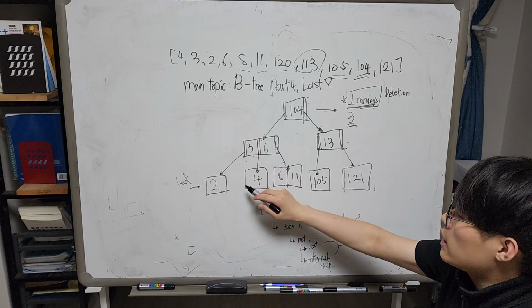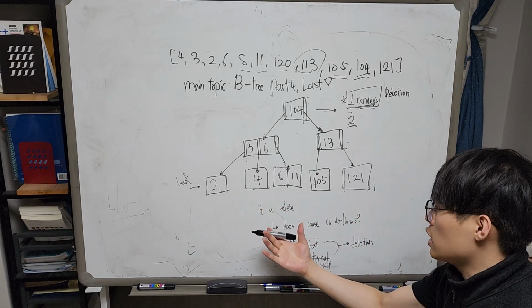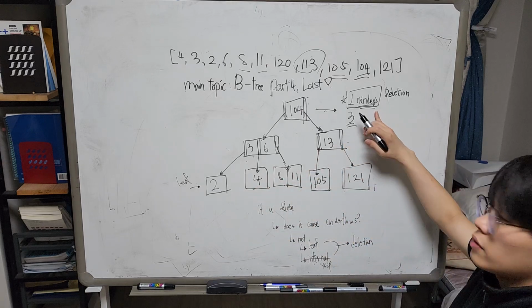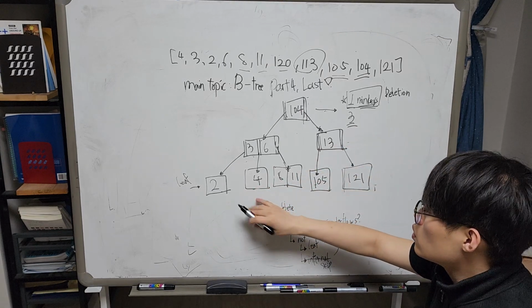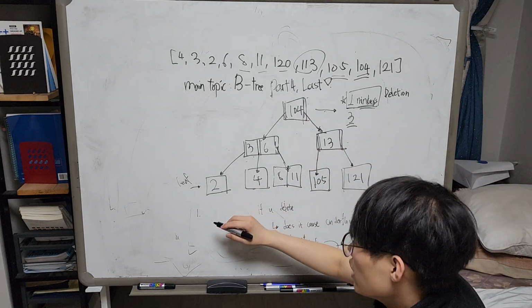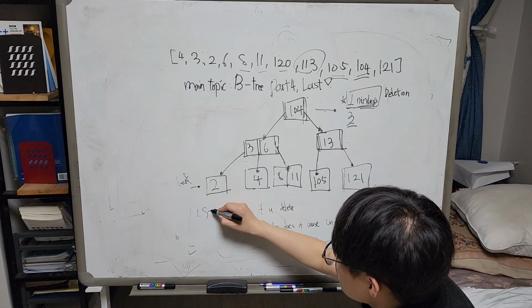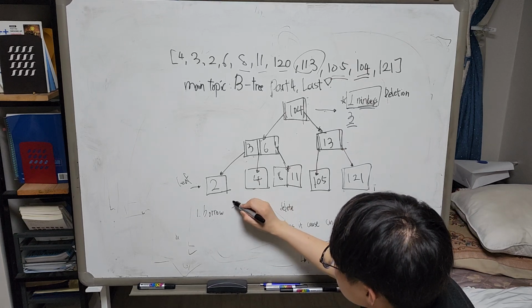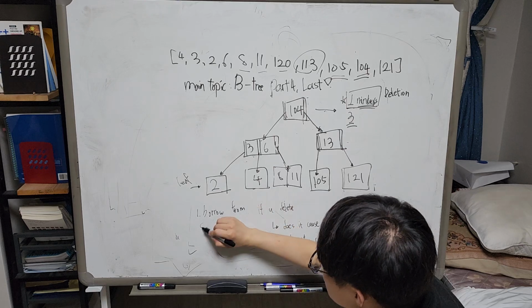Let's say you want to delete the 4, which is a key in the leaf, right? We're trying to delete 4, and it really underflows. So you have to think about more. You have to borrow from siblings.